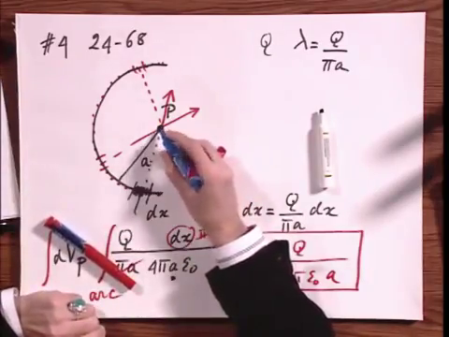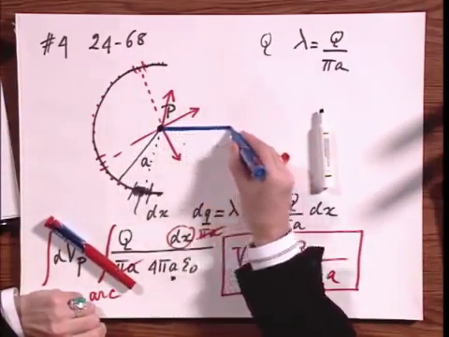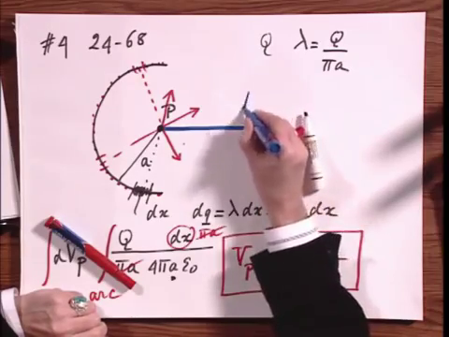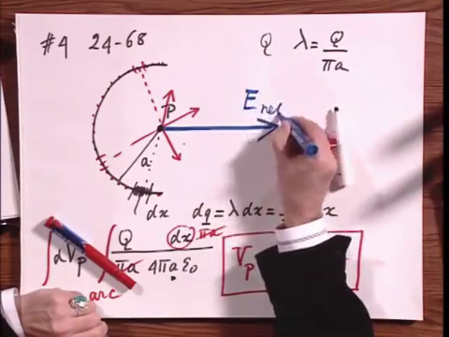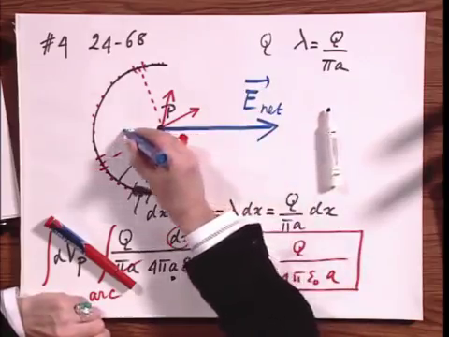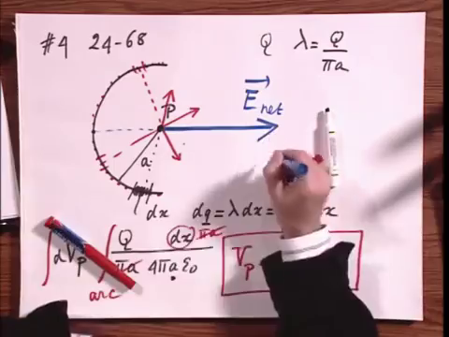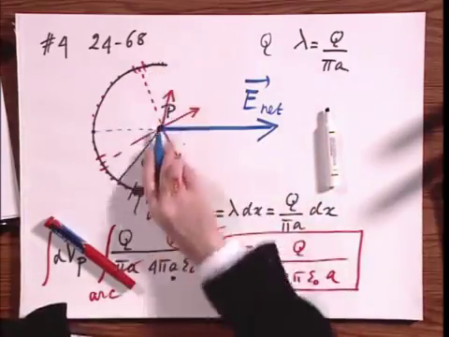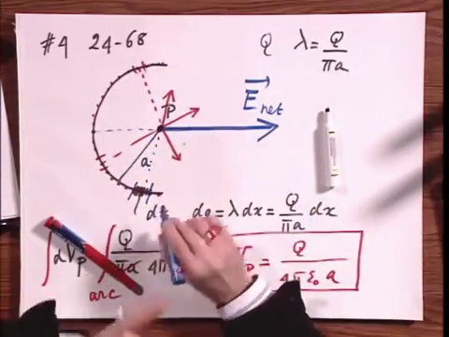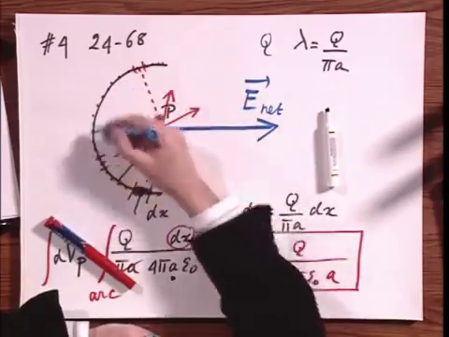And I will help you a little bit: the net E vector, I claim, must be in the direction of E net, which goes right through the center of this arc. And the reason for that is that it's clear that the y components will cancel because of the symmetry of the problem.